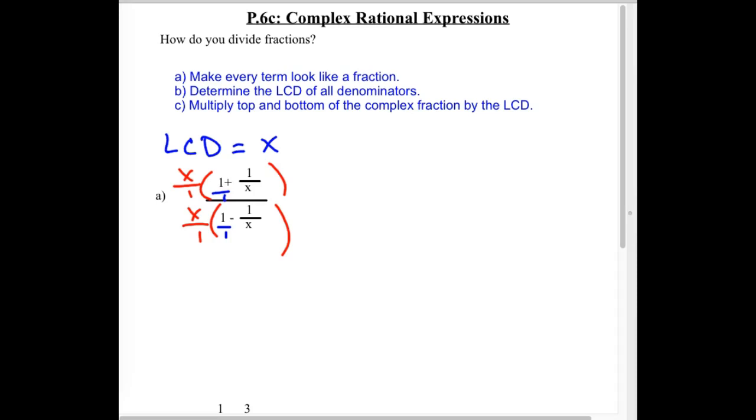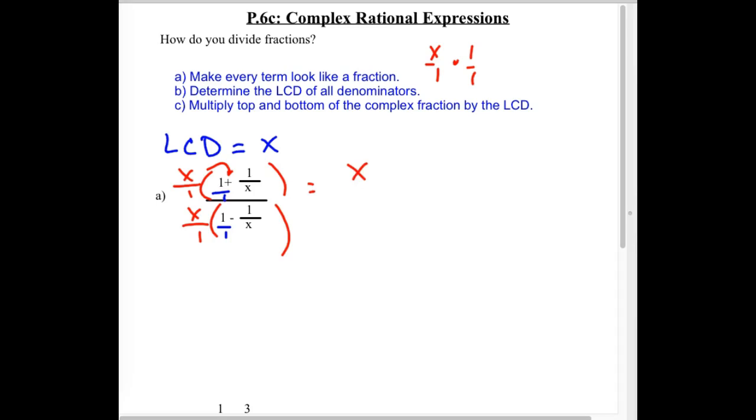Now, to multiply, you are going to distribute that x over 1 that we just wrote in red to all the pieces inside. If it helps you to write them off in the margin, go ahead. If you can do it in your head, that's fine too. I'm going to take x over 1, and I'm going to times it to this first piece, which is just 1 over 1. What do I get? An x.